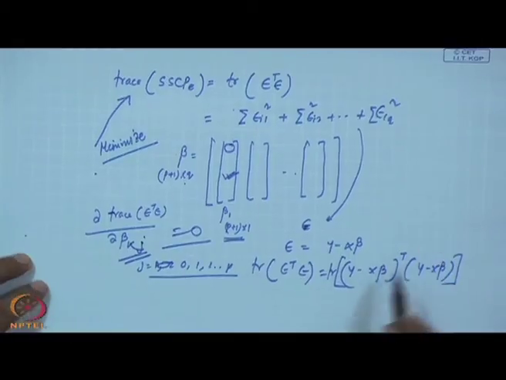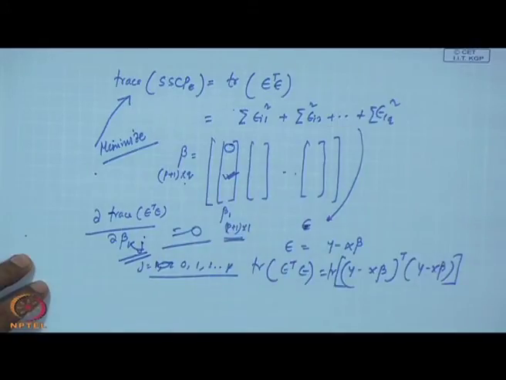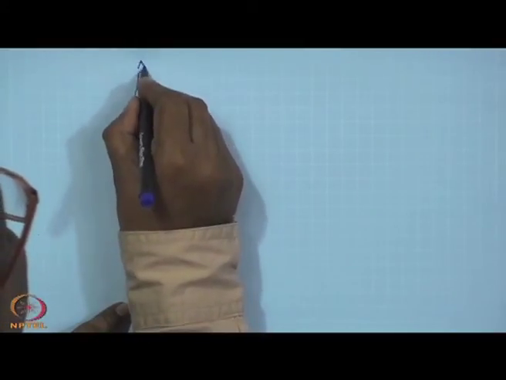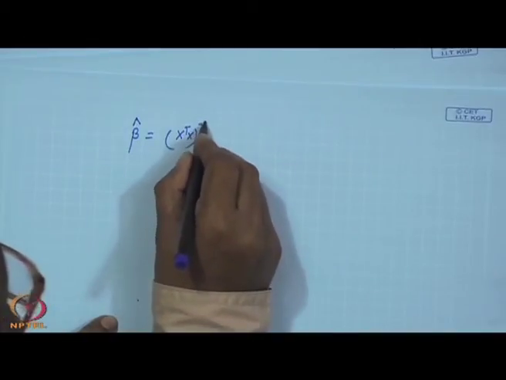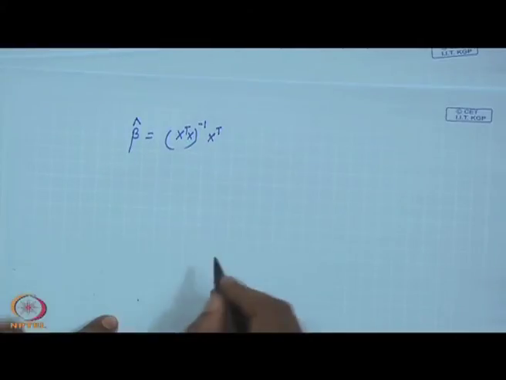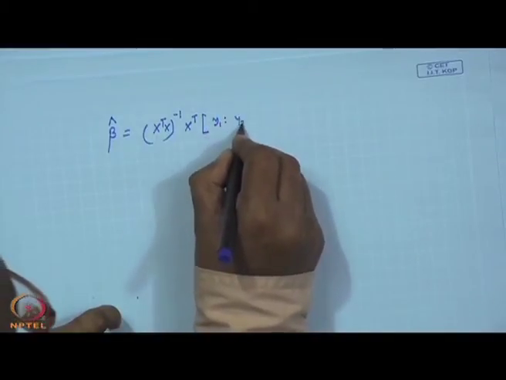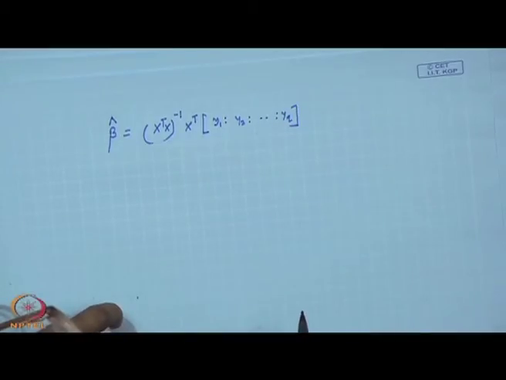So, ultimately it ends up in the individual y variables, and as a result, when you do this type of manipulation, you will get beta cap, which is nothing but x transpose x inverse, x transpose, and then y1, y2, like this up to yq.